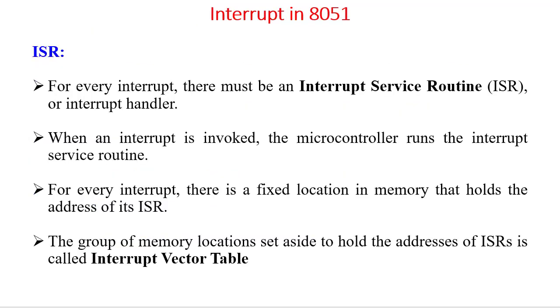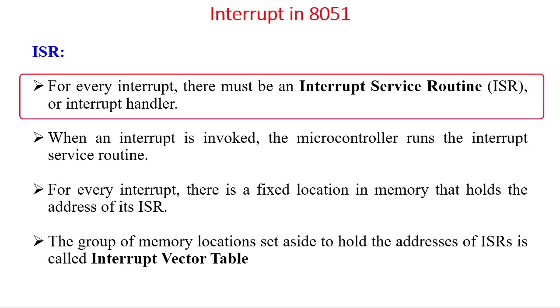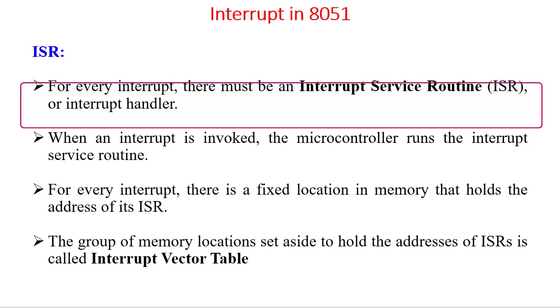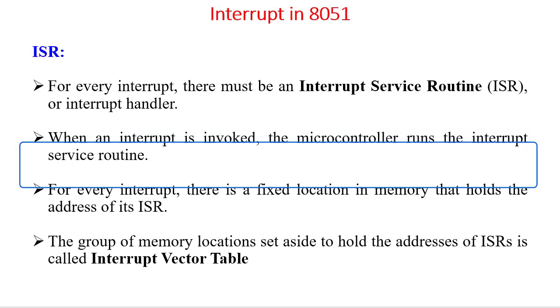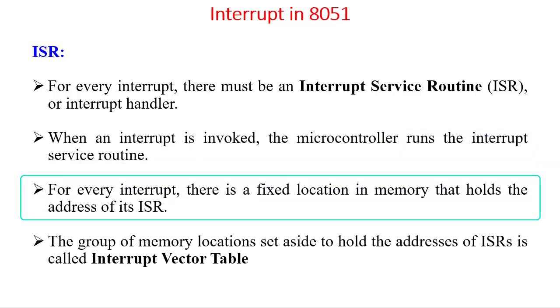What is an interrupt service routine? For every interrupt, there must be an interrupt service routine or interrupt handler. When an interrupt is invoked, the microcontroller runs the interrupt service routine. Inside the interrupt service routine, there are several instructions. For every interrupt, there is a fixed location in memory that holds the address of its interrupt service routine.